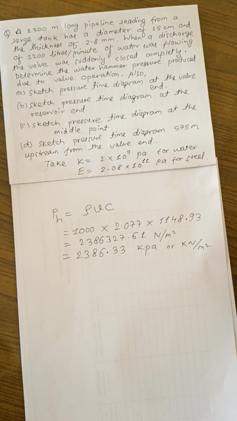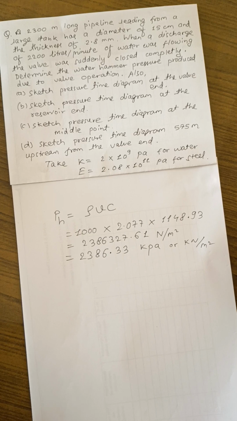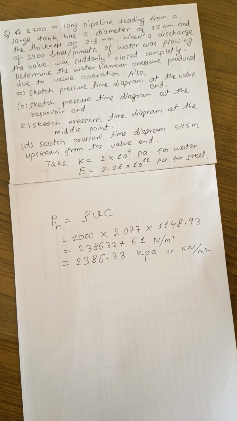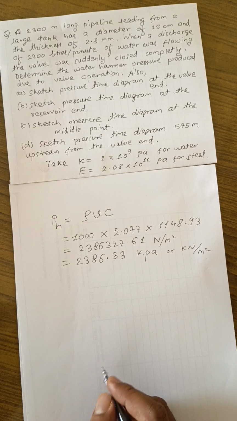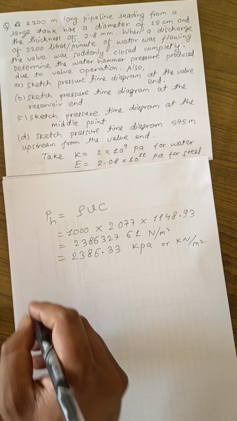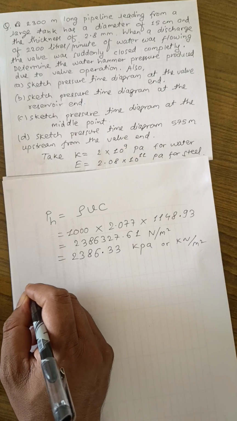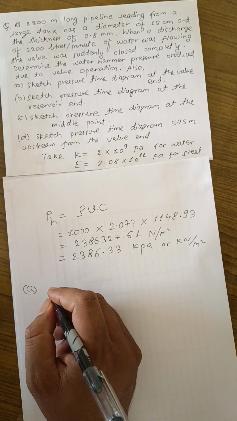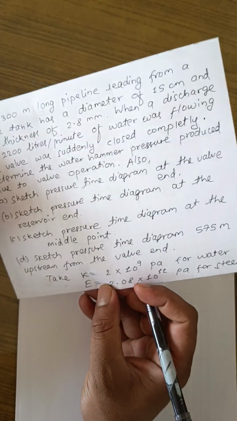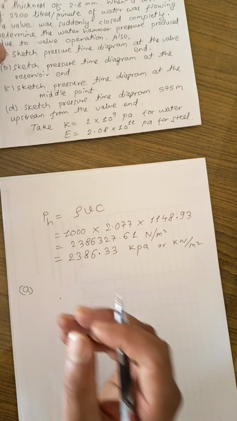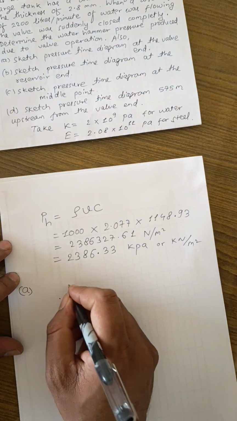Let's go to the pressure time diagram. In the first case, you have to sketch the pressure time diagram at the valve end. Let's draw the valve first.